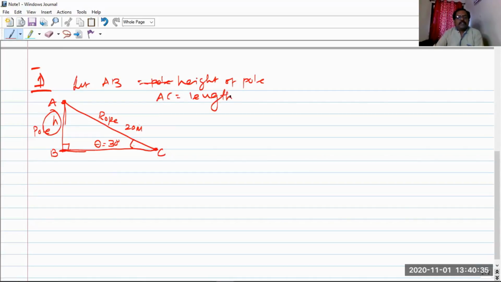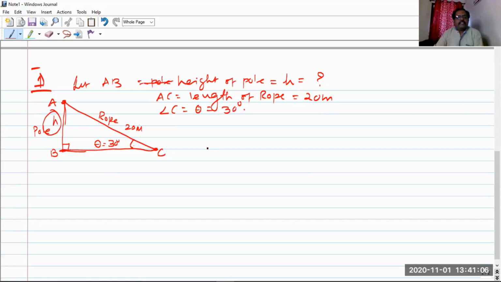It is a rope, but in terms of this right angle triangle, we can say it is the length of the rope. It is given as 20 meter, and the height AB, which we denoted by H, we need to find here. Also you are given the angle of elevation, the angle C, which we denoted by theta, is given as 30 degree.